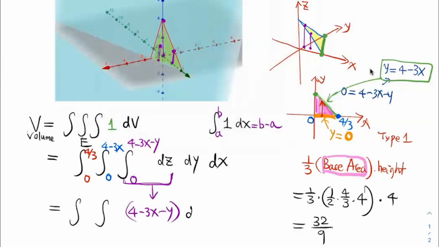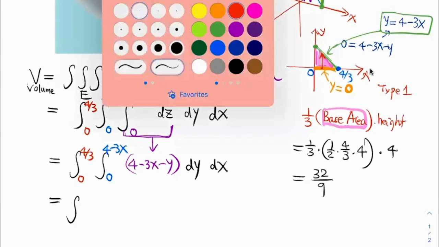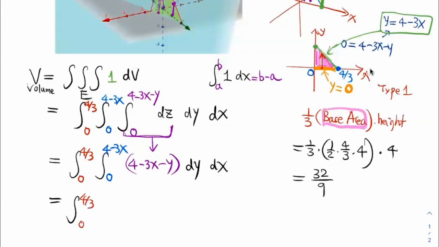Now we have dy dx. Y goes from 0 to 4 minus 3x. X goes from 0 to 4 over 3. The antiderivative with respect to y will be 4y minus 3xy minus y squared over 2, from 0 to 4 minus 3x, and then dx.